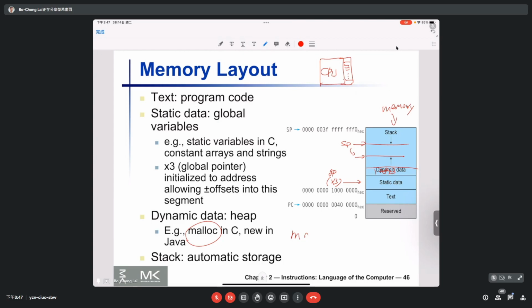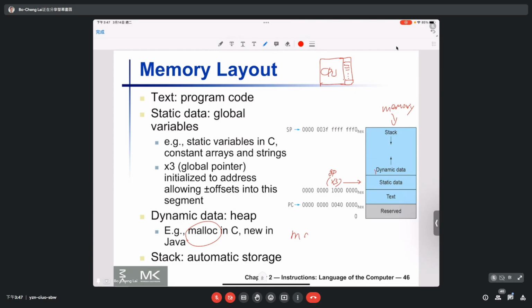The question is, where does x3, the global pointer, point to? It's only in the static area, the static variables. This is a convention; you don't have to use it this way. First of all, x3 is a general purpose register.